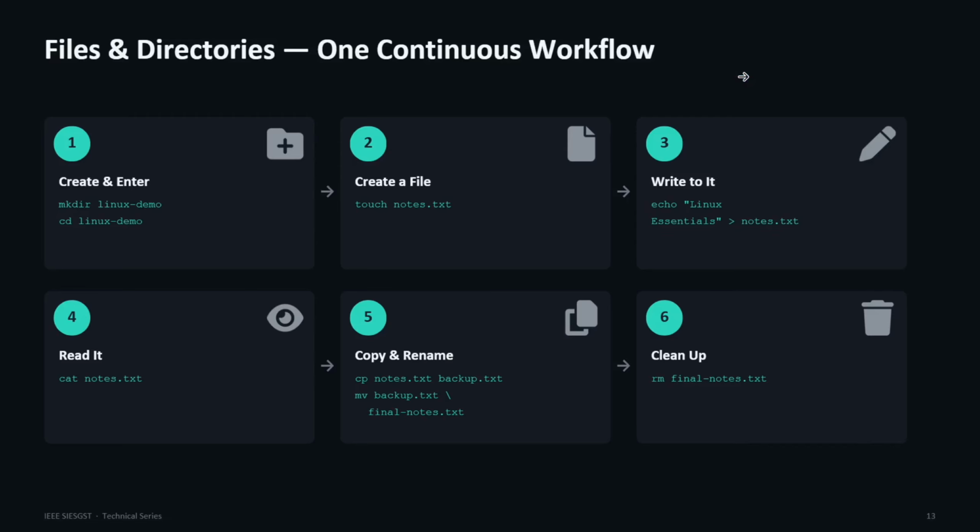File systems and directories. Now that we can move around, let's actually create and manage things. This slide shows one continuous realistic workflow, 6 steps from creating one folder all the way to cleaning it up. Let's read through the commands first and then go through the exact same things.